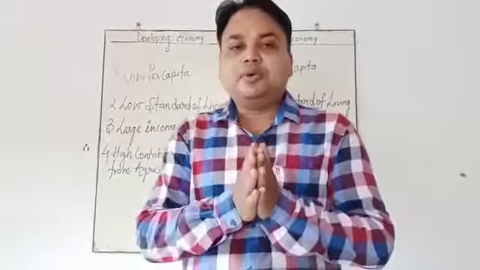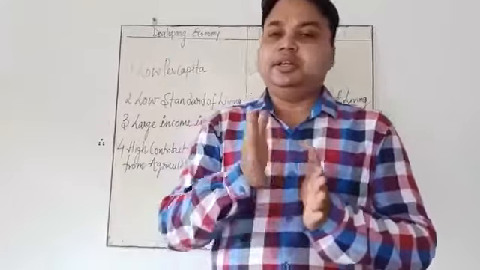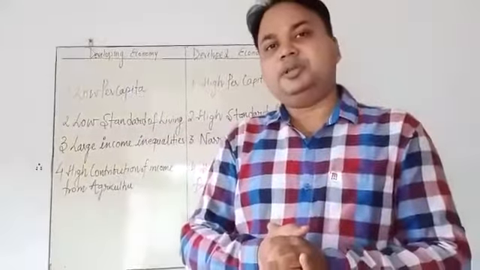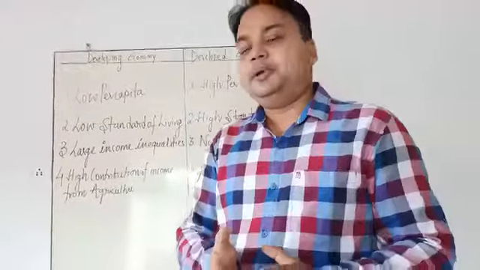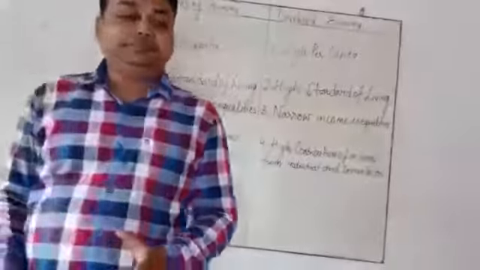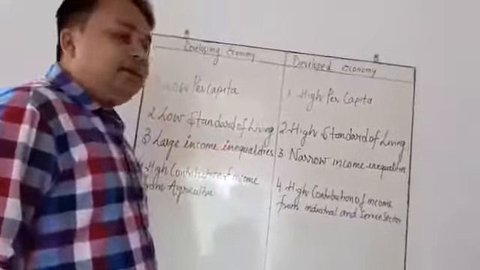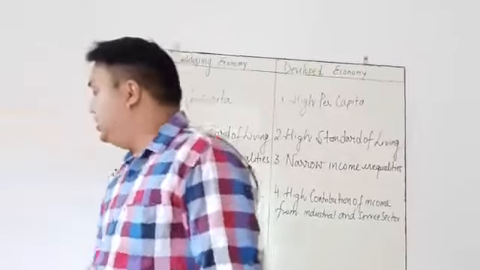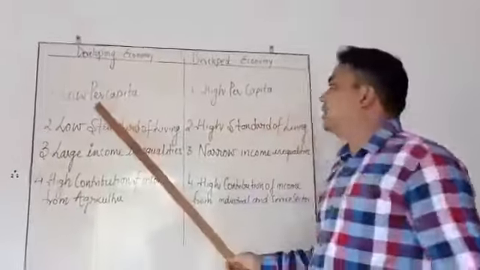So I am going to distinguish between developed country and developing country. Here you can understand, when per capita income is low in developing country, what will happen? When per capita income is low, it means the GDP of these countries is very low.